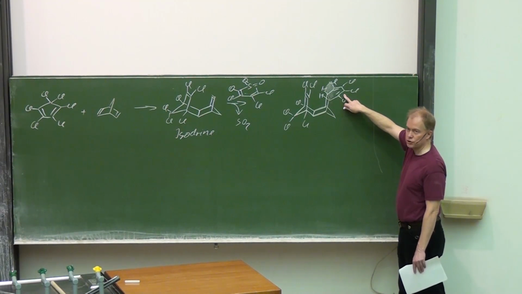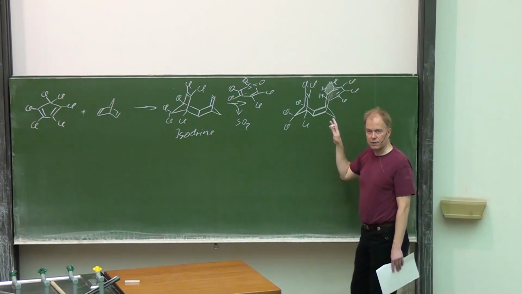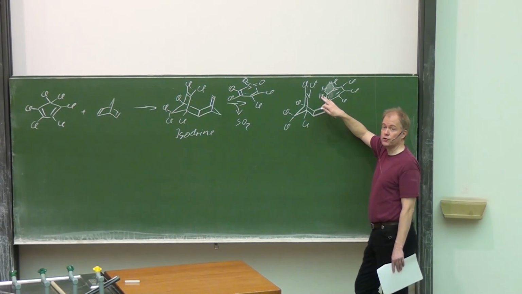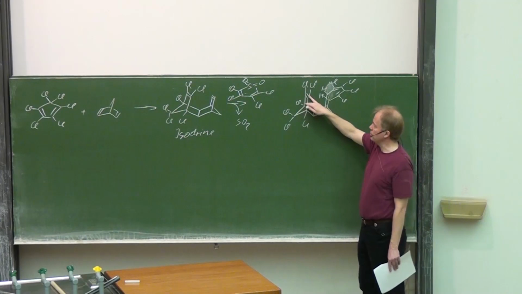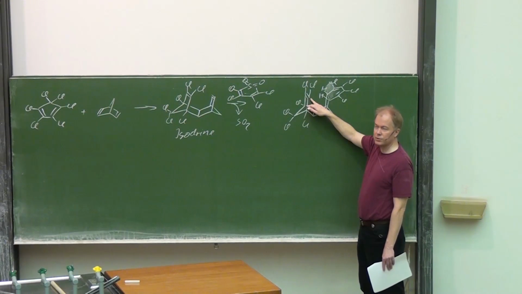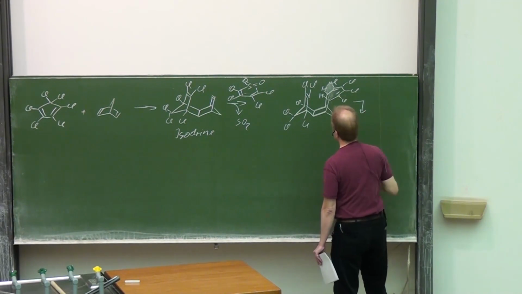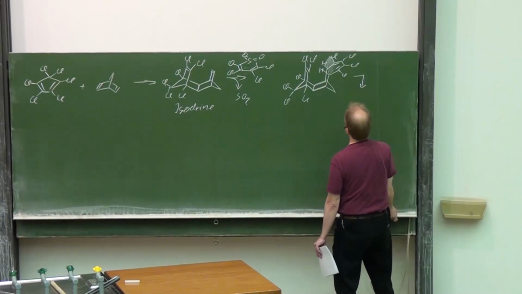Actually, I'm not quite sure anymore. Has this been isolated at all? Because now a very interesting reaction occurs, a concerted process, where these two hydrogens jump to these two carbons, and the aromatic system is the result.